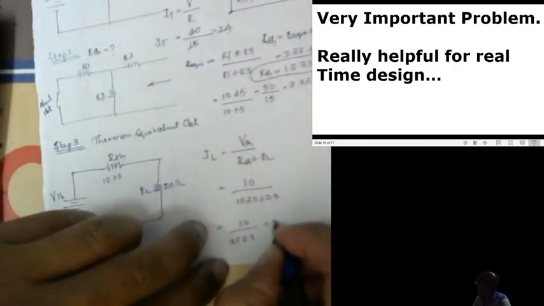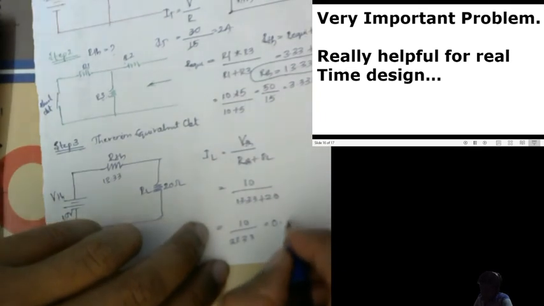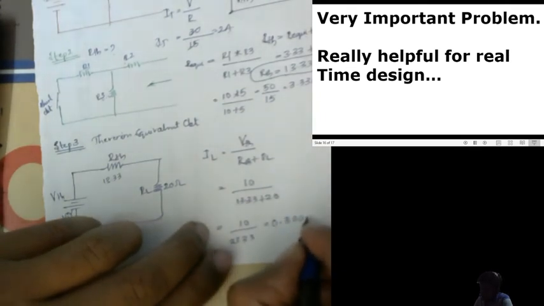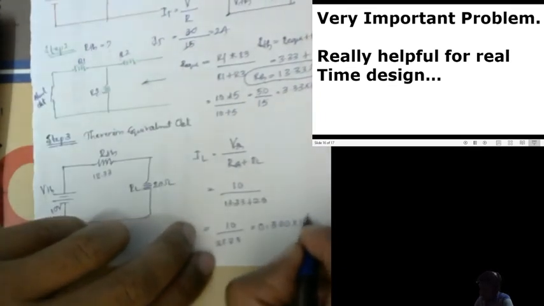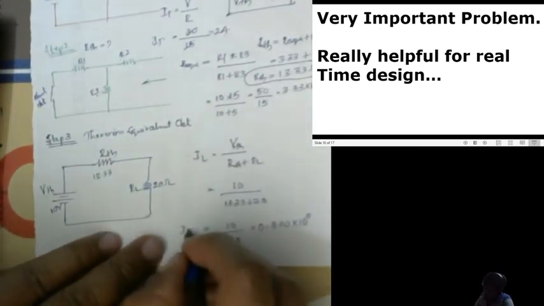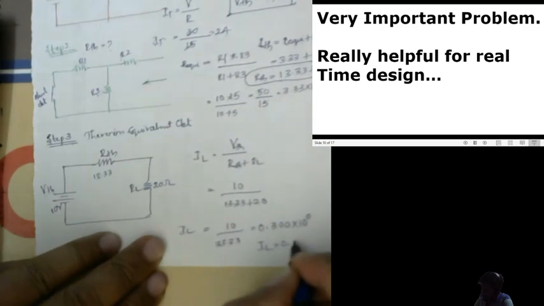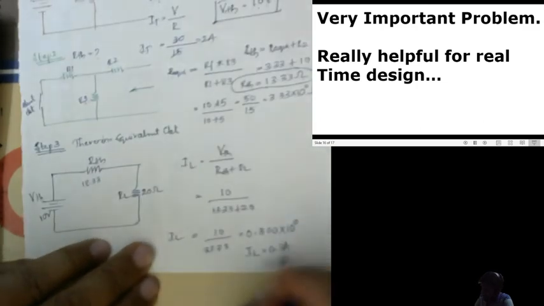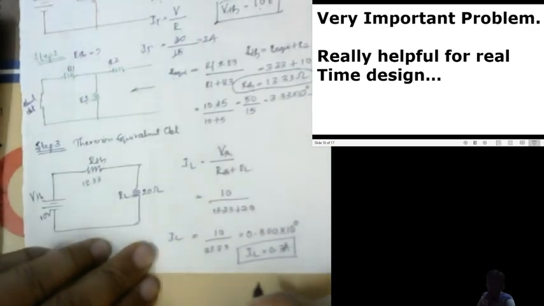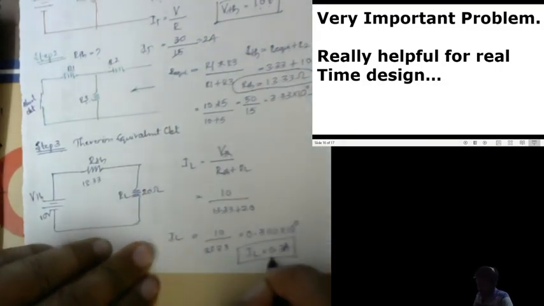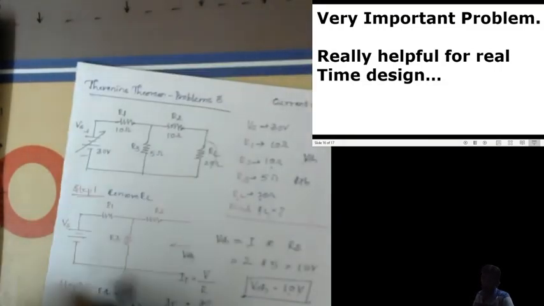Therefore, the load current IL is equal to 0.3 ampere. This is the load current for this circuit diagram.